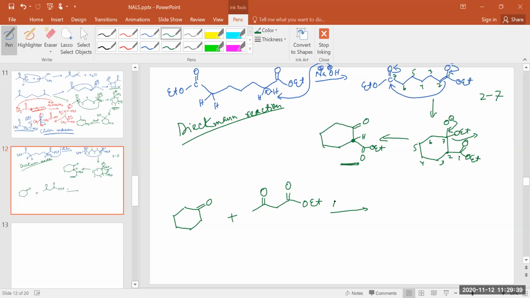Under basic conditions, sodium ethoxide, what will it form? See, these hydrogens are strongly acidic, because of the carbonyl. So here it quickly will take this proton. So here you will have the negative charge. This will react with this.